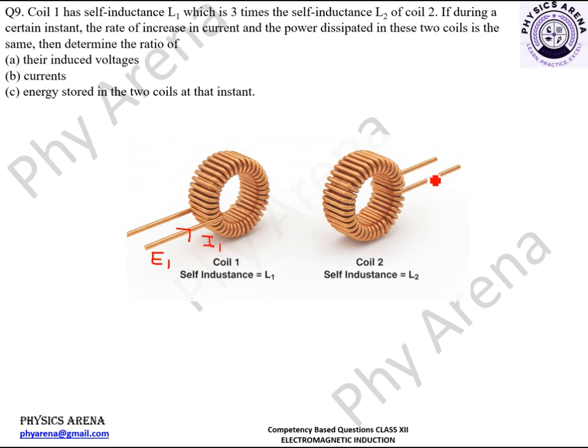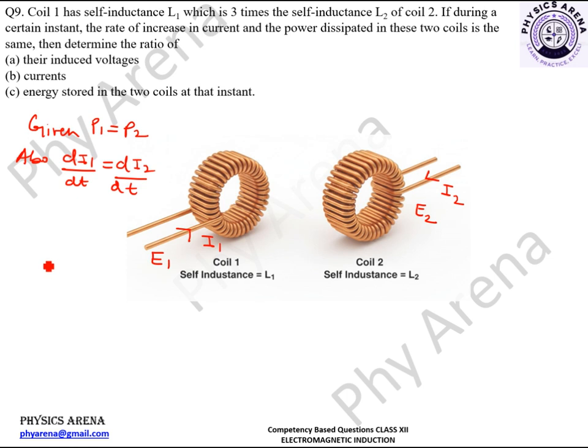And for coil 2, I2 is the current induced and E2 is the EMF induced due to rate of change of current, and it is given that P1 is equal to P2, that is the power dissipated in coil 1 is equal to power dissipated in coil 2, and also dI1 upon dt is equal to dI2 upon dt. So these are the two things that are given to us.